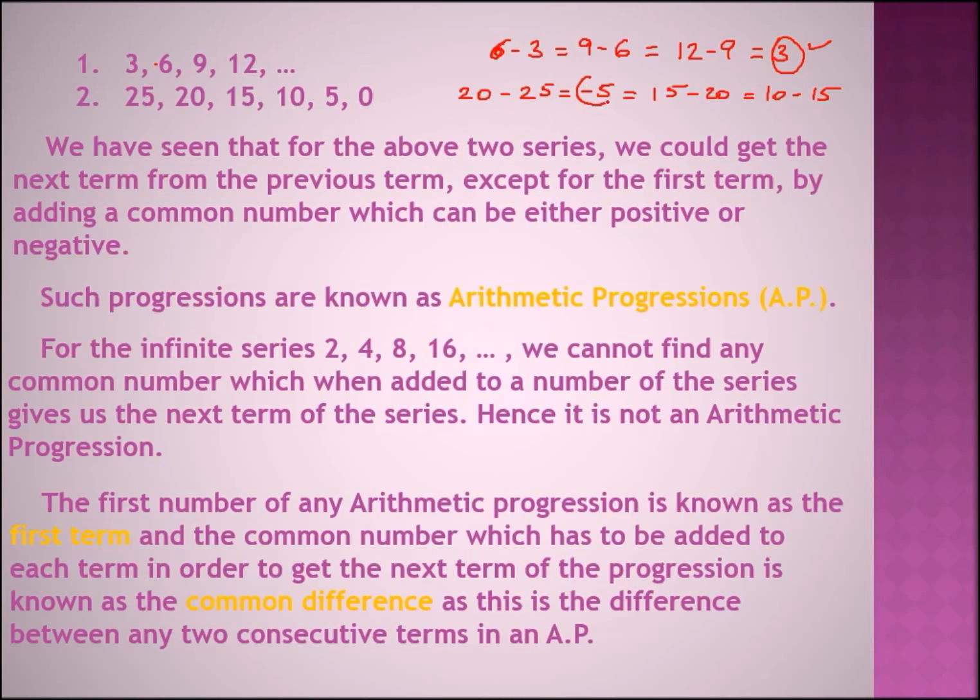Every time we see that the difference between any two consecutive terms is minus 5. So here comes the significance of this term difference, because we are subtracting. If we subtract any two consecutive terms in an AP, we will be getting this common difference. This is the same number which has to be added to the previous term to get the next term of an AP.